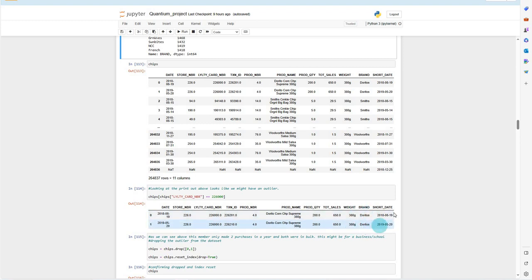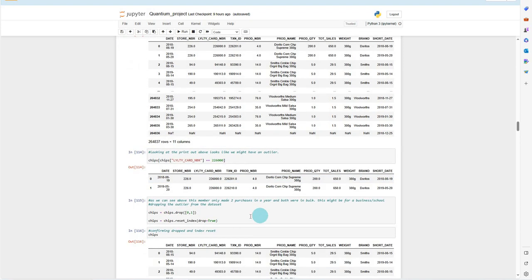And the brand was Doritos. And it was once in each year, 2019 and 2018. So I was assuming that this might be some kind of business or school or daycare or whatnot. This is not an everyday customer. These are large bulk purchases for some other intention besides for a family or whatnot.